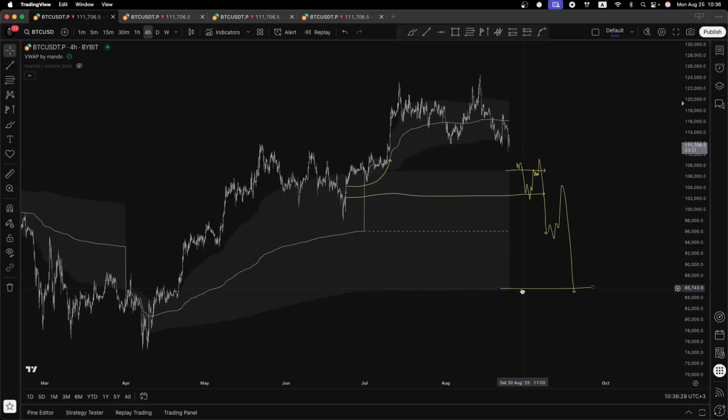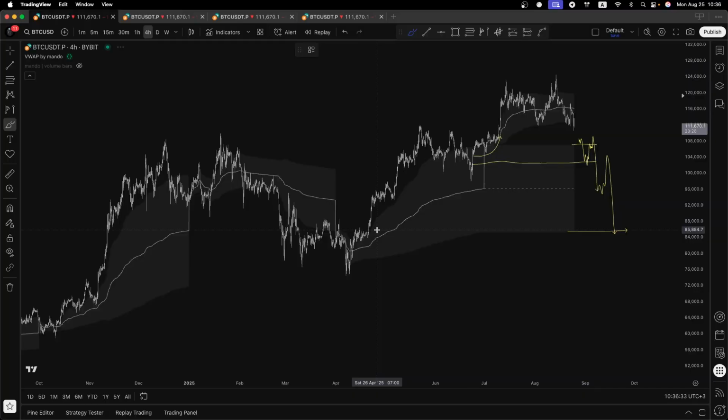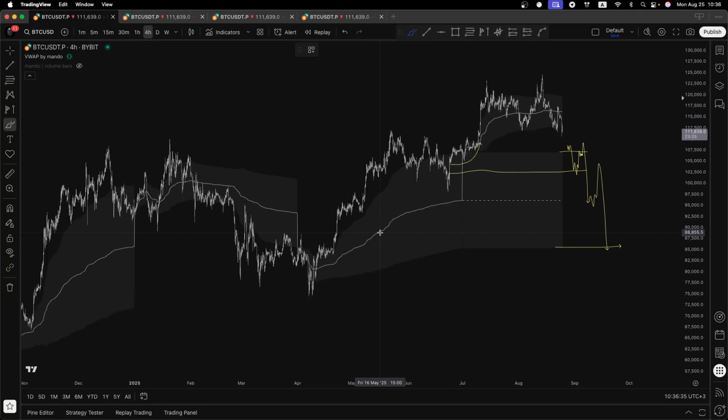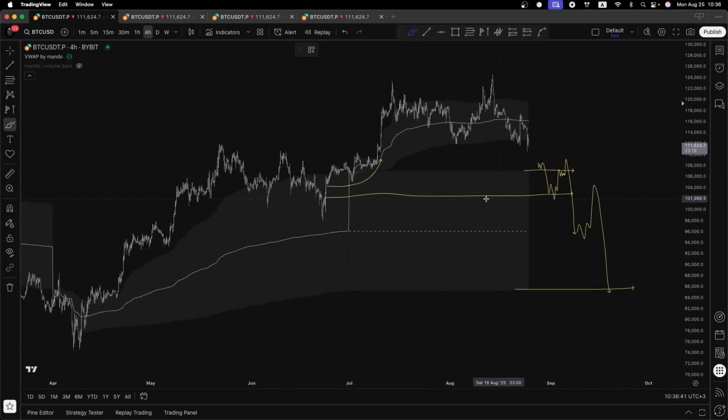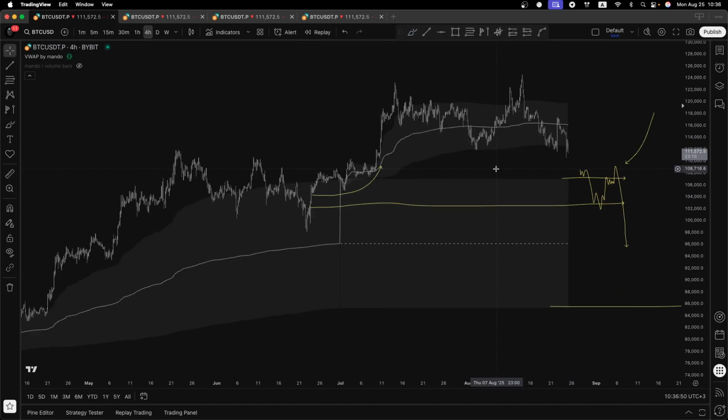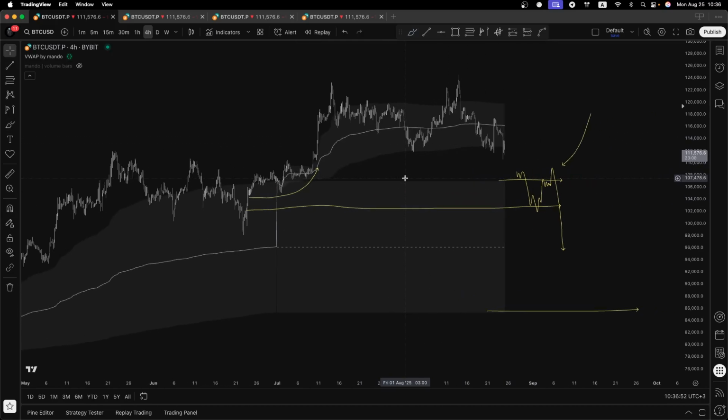So this level right here will of course act as our main support going forward if we manage to come down here. Now on the higher time frame, this is the most important level we need to watch. Reactions into it will lead to either further upside or further downside much lower.